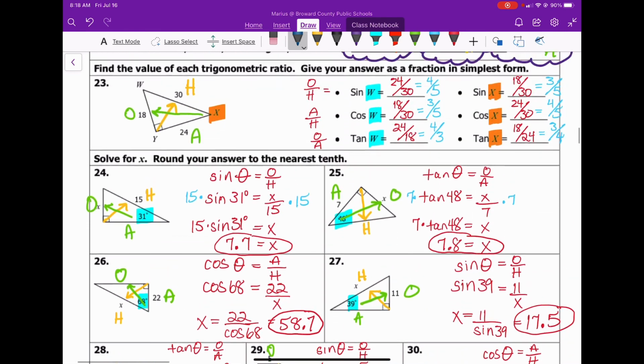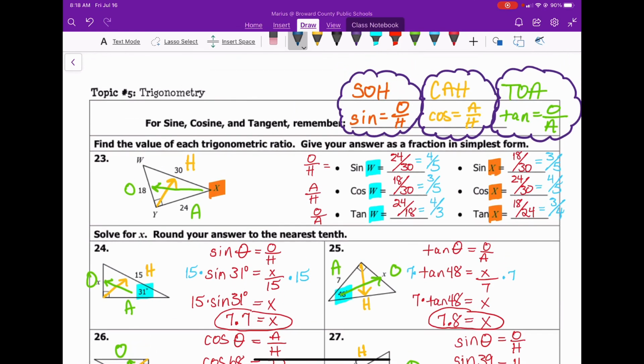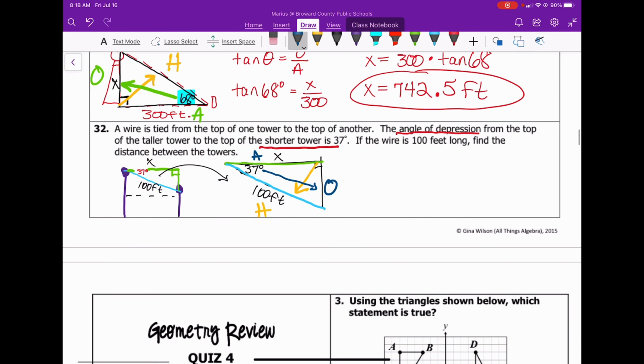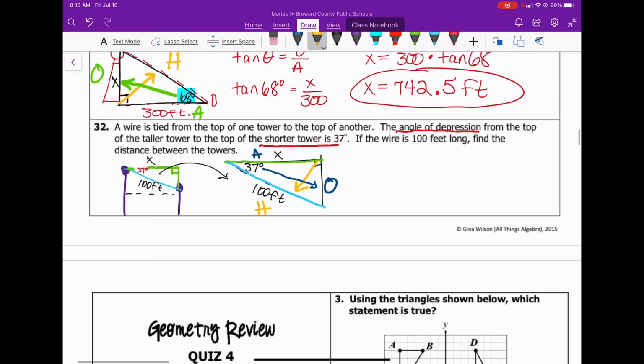So if we scroll back up, cosine is adjacent over hypotenuse. So we're going to use cosine, okay? So cosine of theta is equal to adjacent over hypotenuse.